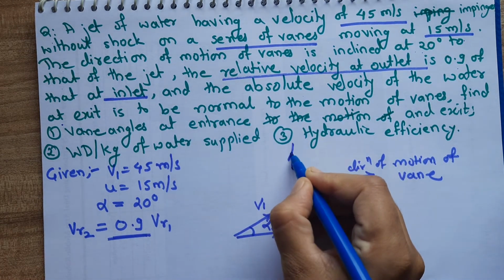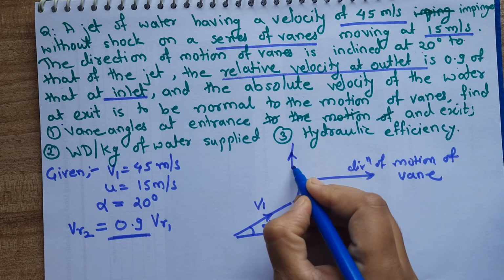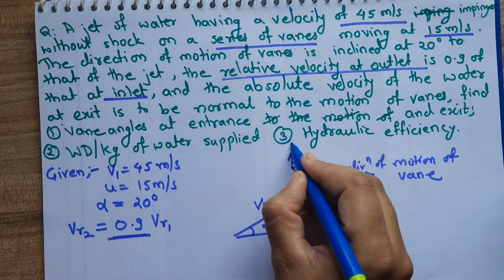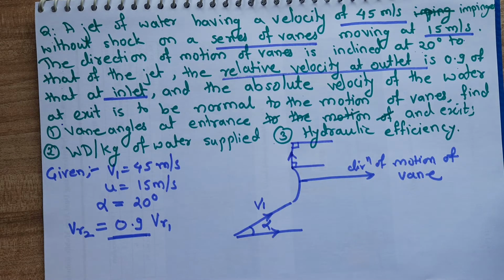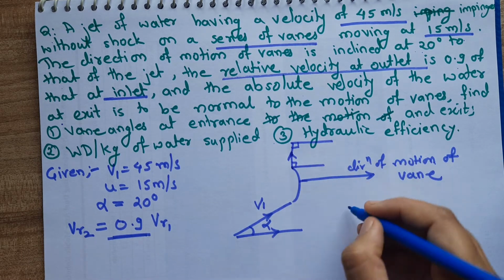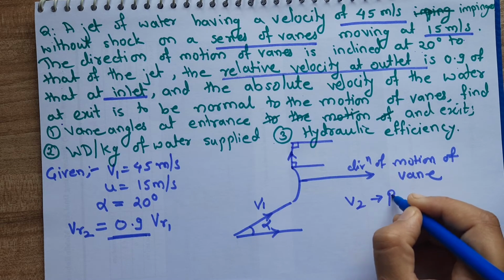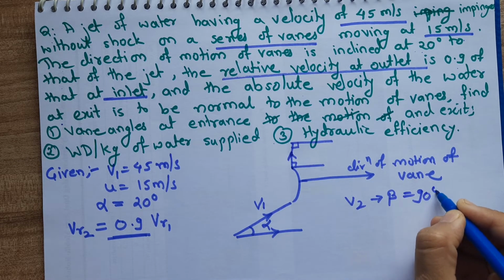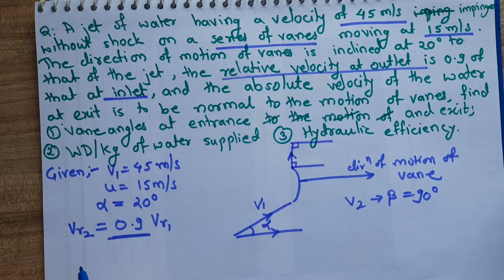So this is the V2 which is normal. That means this angle is 90 degree. So we know very well that V2 makes an angle of beta. That means beta is given as 90 degree. Again we know very well that when beta is 90 degree, at that time VW2 will be equal to 0.